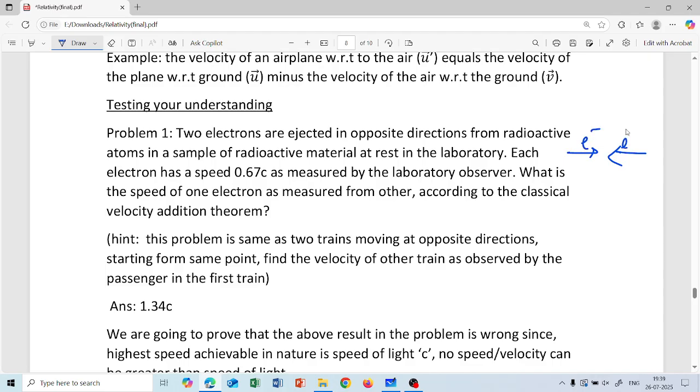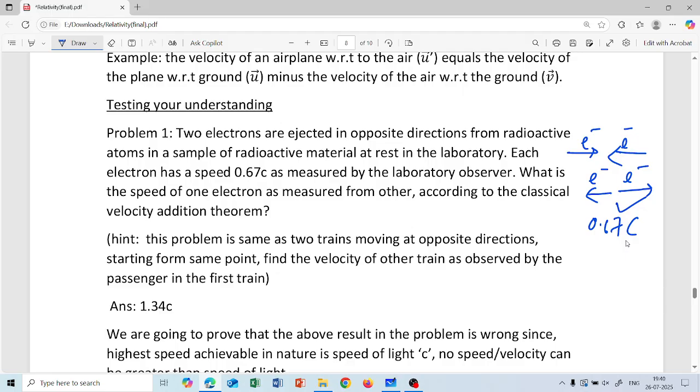This is electron 1 and electron 2, going away from each other in opposite directions. If the speed of each electron as observed by the laboratory observer is 0.67 c, then we have to find the speed of one electron as measured from the other.